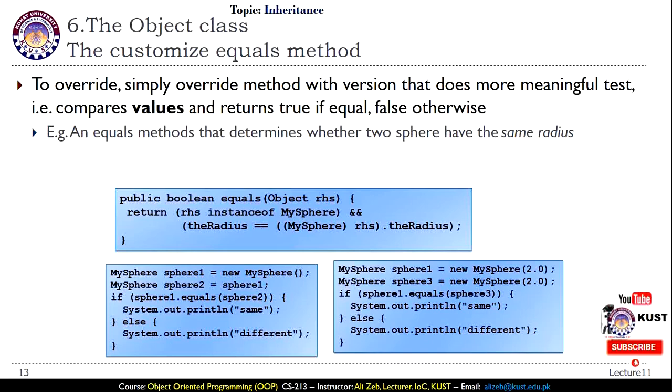So if we need to call the method of the subclass, we need to convert the superclass's object to the subclass's object, and this process is called downcasting.